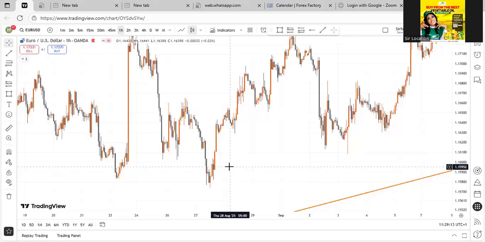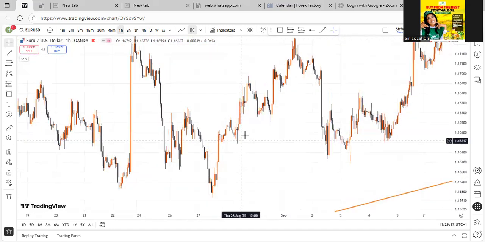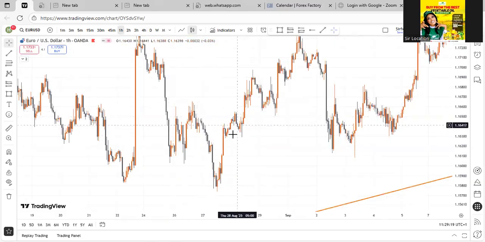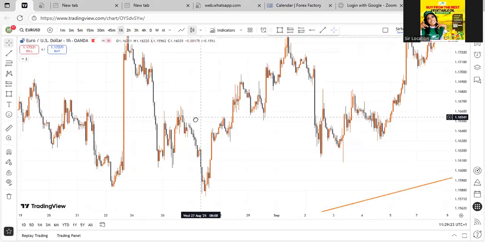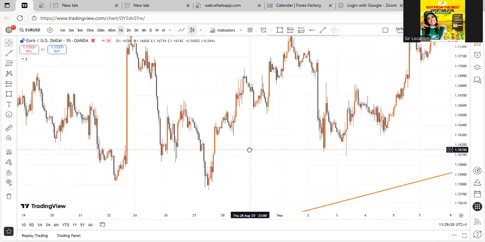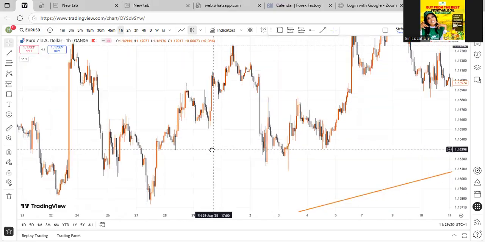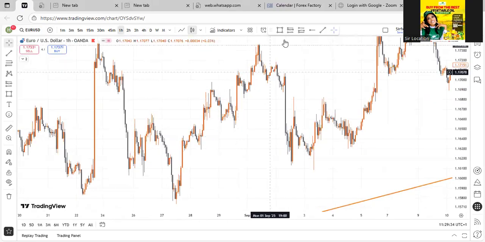Understanding that yes, the trend is bullish, let's say you woke up and you meet this market playing around here, around the zone. Then you need to see a break of structure to confirm that you're still on a bullish trend.